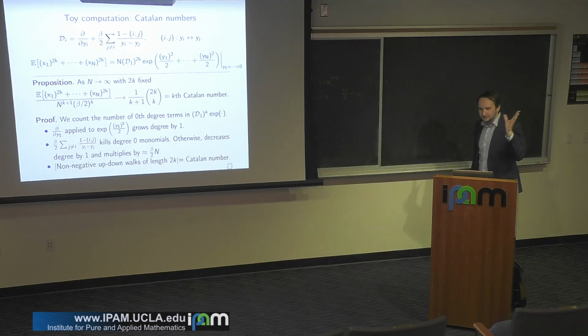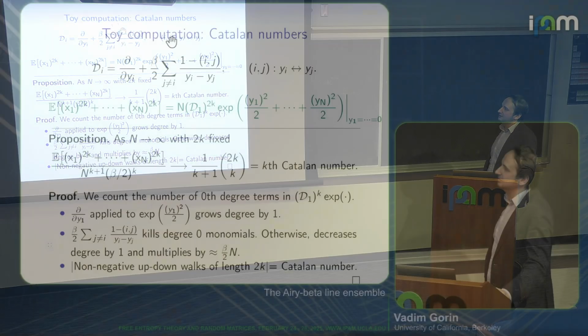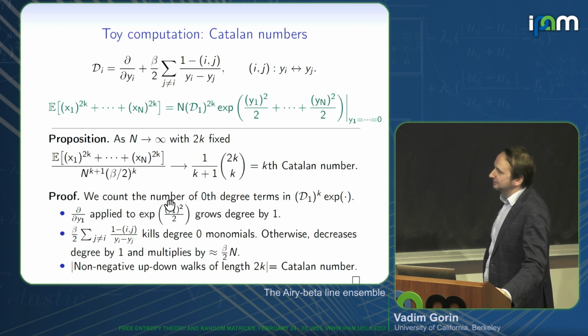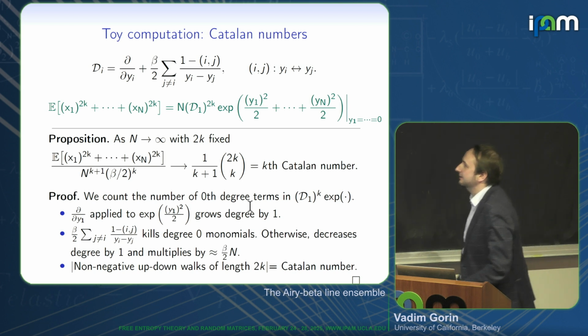So omitting some details, what essentially is happening is that you're applying this operator, its power, to this exponential expression. When you apply the derivative to the exponent, it produces a factor y for you, right? It grows the degree of the prefactor.